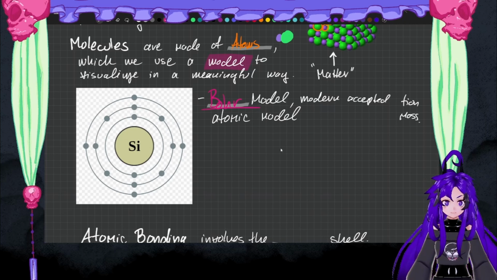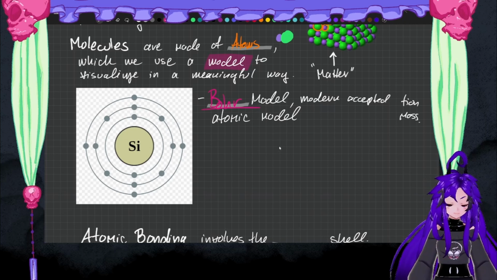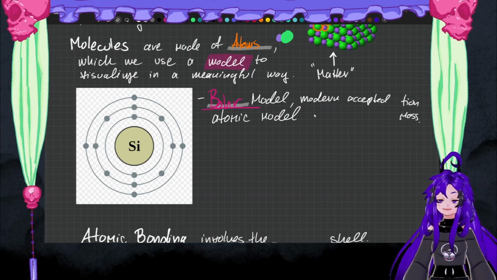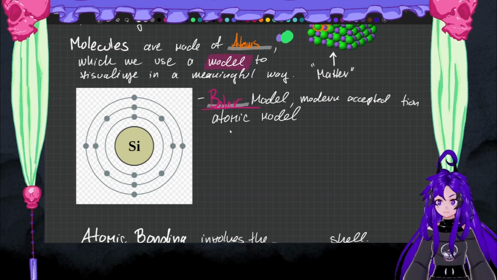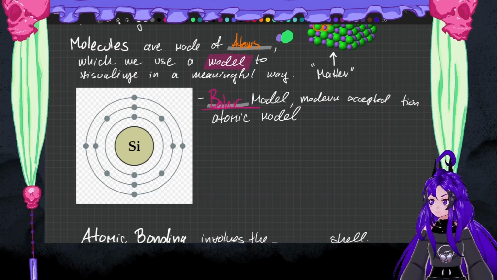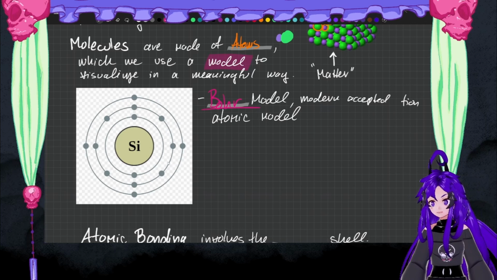And so this has become the current accepted atomic model. It deals with energy. It's very cool. It tells us a lot of stuff with not a whole lot of symbols.